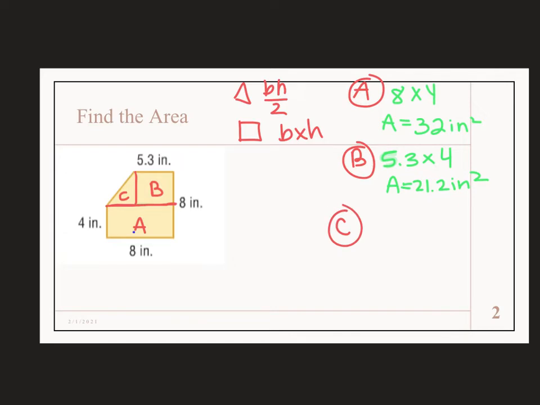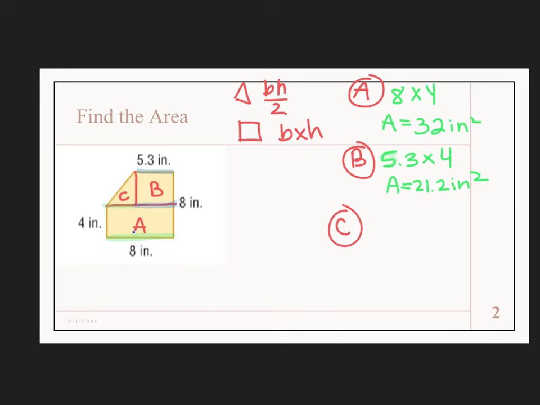All right, so now let's take a look at C, which is our last shape here, and this is a triangle. So remember, we're going to do base times height divided by 2. So if I look at C carefully, our base, we don't know right now. But if we look, this whole base of this rectangle is 8, and we know that from here to here is 5.3 because this is 5.3.